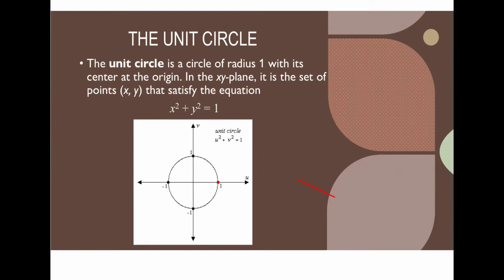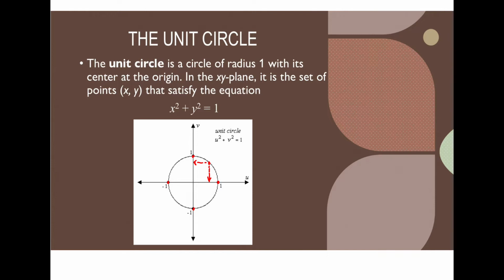Besides the points that are on the axes here, which are all at +1 and -1, right in between those two numbers, we know that all the other values along the circle would have to be less than 1. For example, if I pick another point here, we see that its x value and its y value are going to fall within the unit circle there.